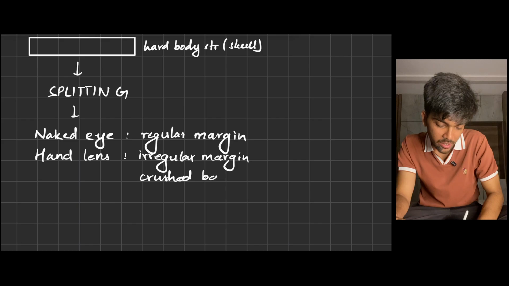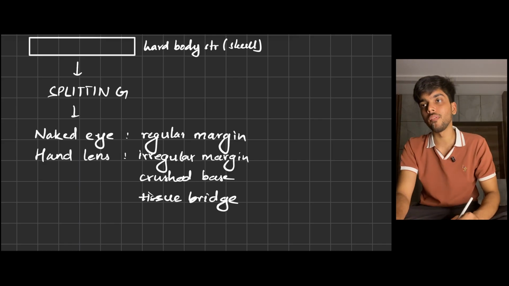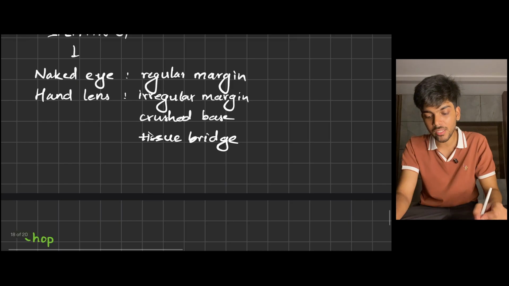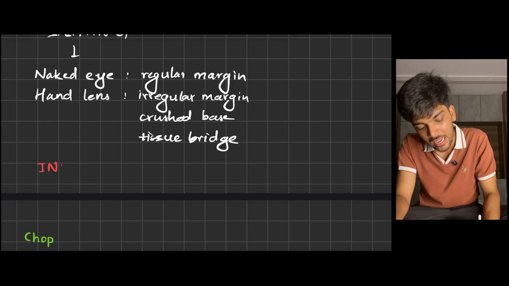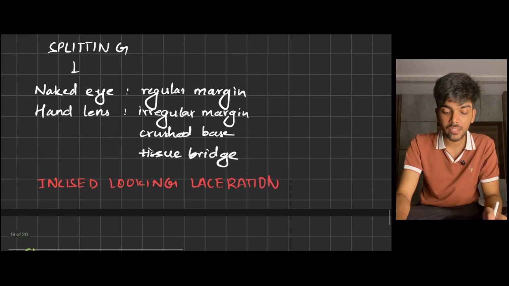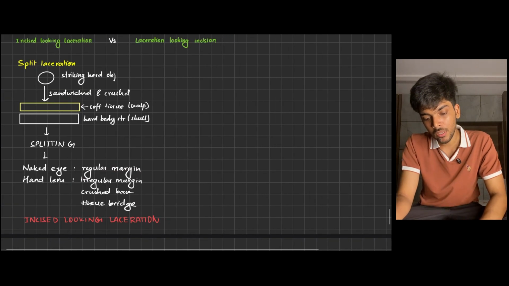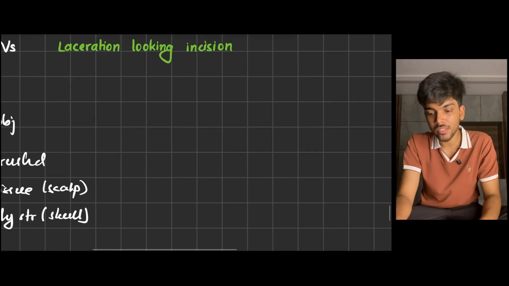You can appreciate the tissue breaches, which are characteristic of laceration. And that is why this is referred to as incised looking laceration, because to naked eye it looks like an incision, but when you use a hand lens, you can appreciate the characters of laceration. Then you have laceration looking incision.